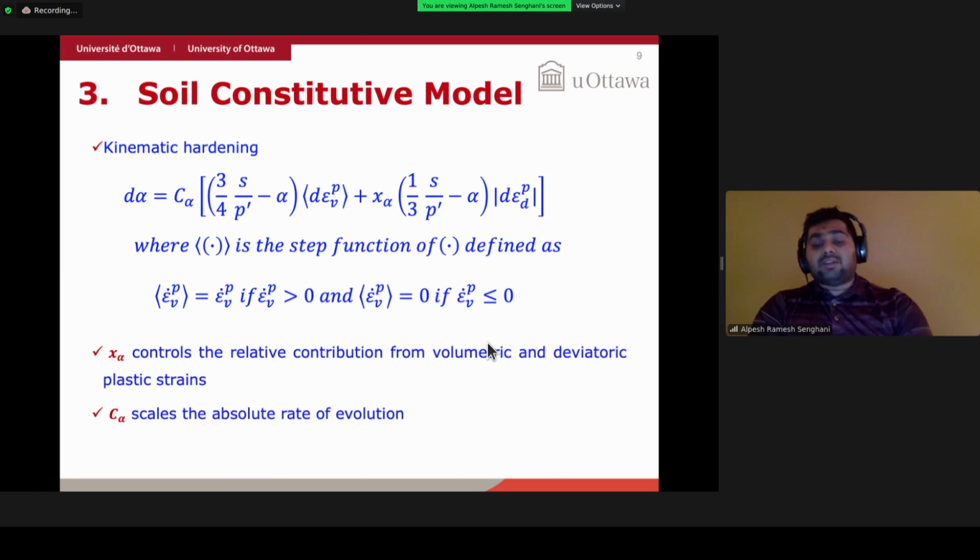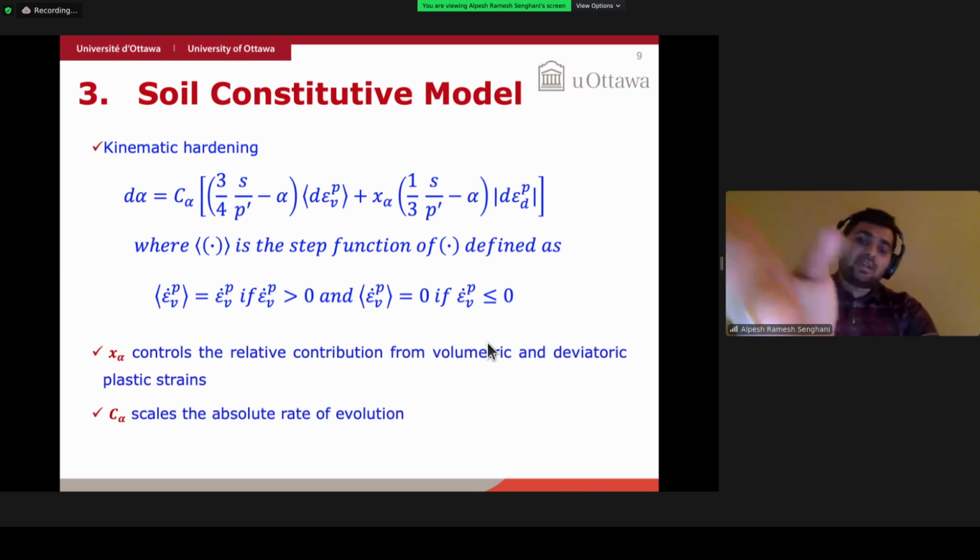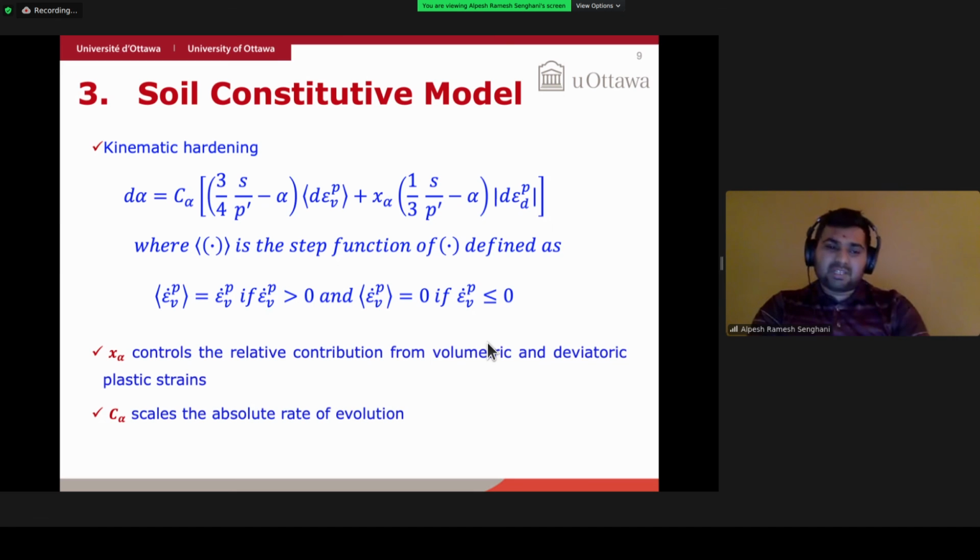And the other way around, if that is 0, that means the volumetric plastic strain is less than 0, which will eradicate one of the values here. And delta alpha is the kinematic hardening coefficient. You can see below that the X alpha controls the relative contribution from volumetric and deviatoric plastic strains. So again, we are talking about the bonding and destruction of the particles.